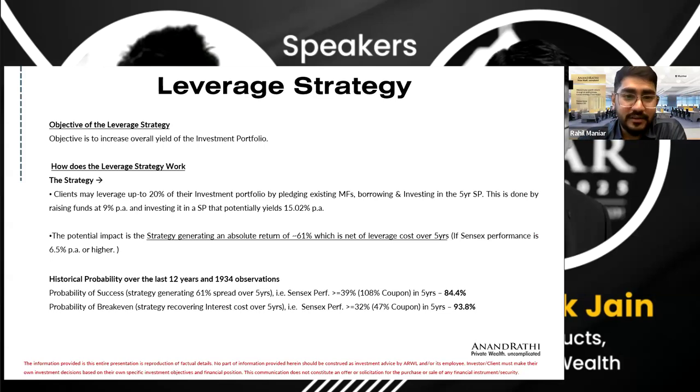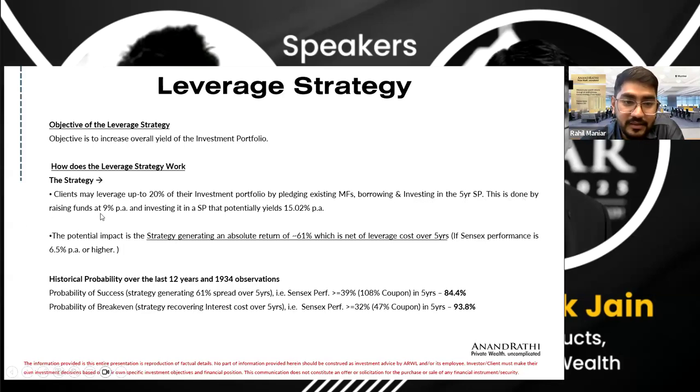After that, what is this strategy? What is the objective of doing this strategy? The objective is to increase the overall yield of the investment portfolio. Now, how does this strategy work? The client may leverage up to 20% of their investment portfolio by pledging their existing mutual funds, borrowing and investing in a structured product, which is a 5-year structured product.